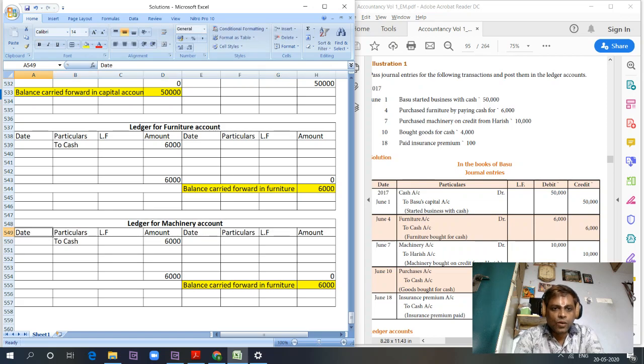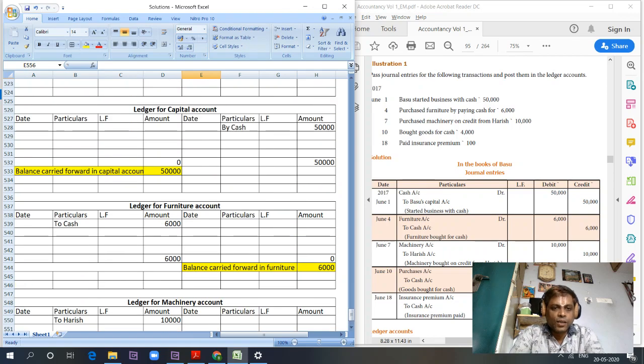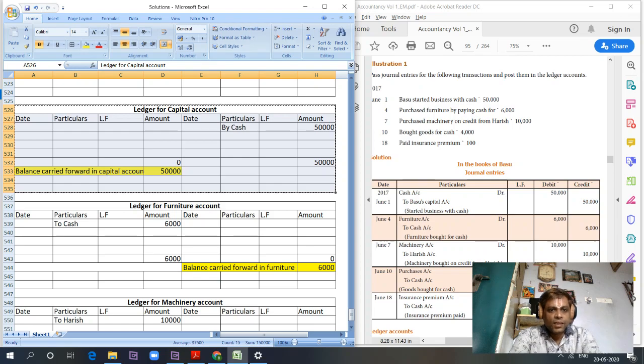We did not purchase it by cash, we have purchased on credit from Harish, 10,000 rupees. So the ledger for machinery, balance carried forward in machinery, 10,000 rupees.